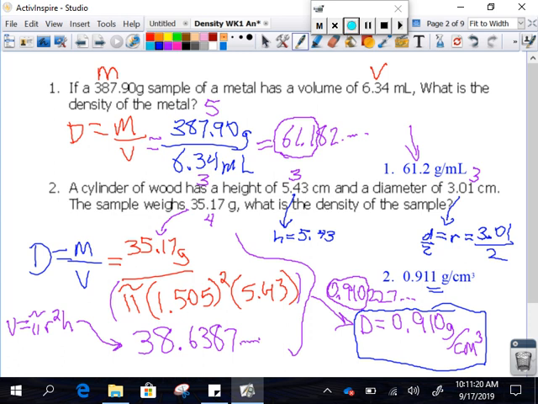I believe what happened there is I rounded the volume. I believe I took this mass and that rounded volume and I divided the two and I got that answer. It's not a huge difference, but I really shouldn't have done that. I should wait to do all my rounding at the end. Alright, let's go on to questions 3 and 4.